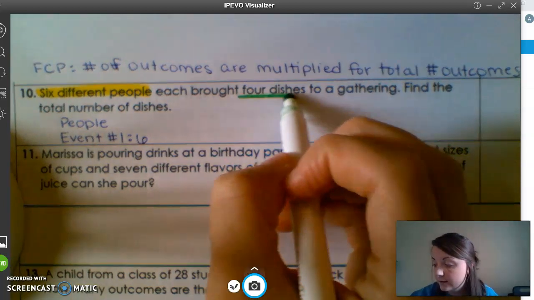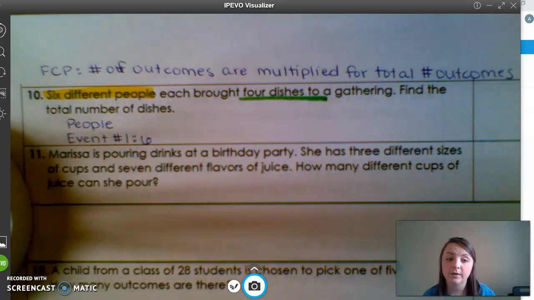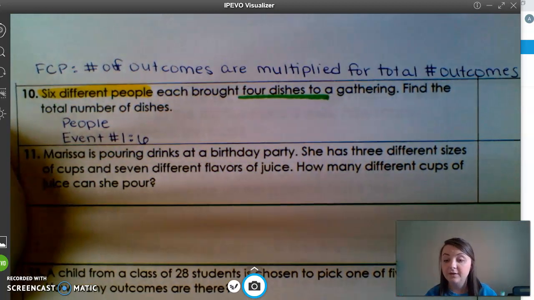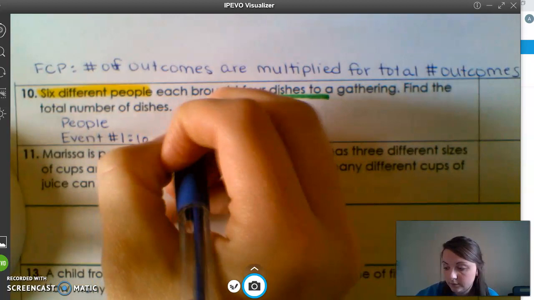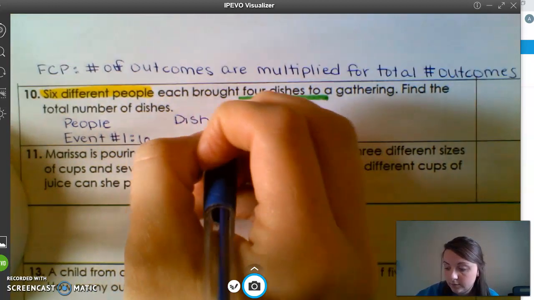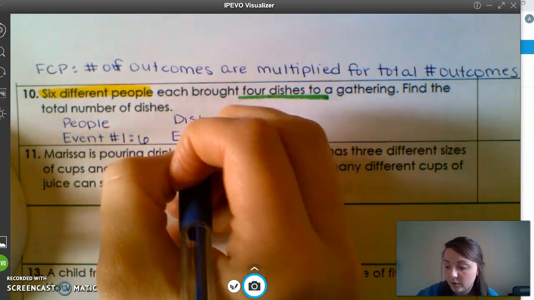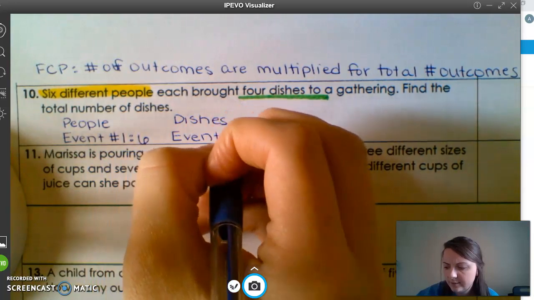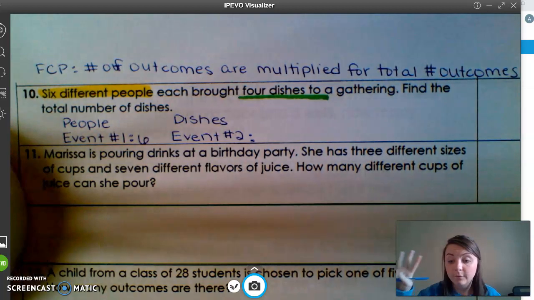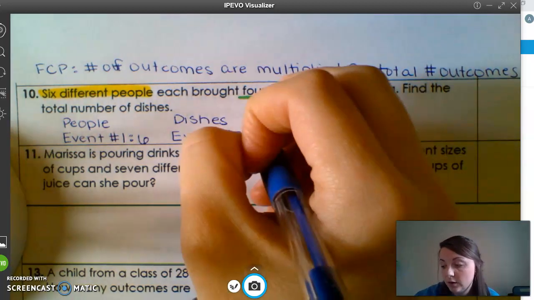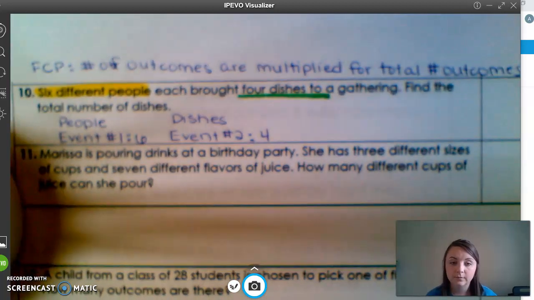So after they walk in, they're going to put their dishes down on the table. So our next event is the dishes or the food. And this will be event number 2. Well, how many different dishes do we have? How many did it tell us? It told us 4 per person. So I've got 4 options for dishes.